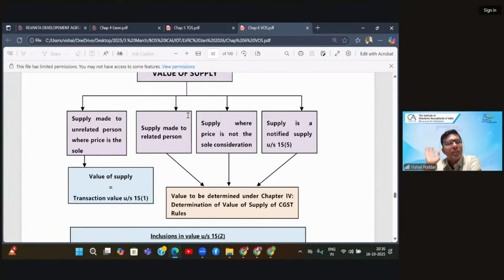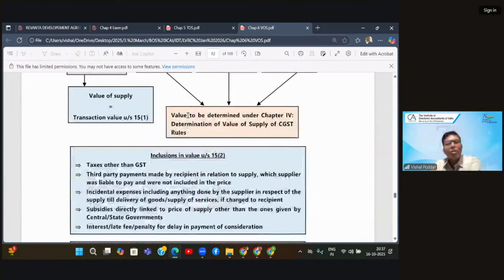If you are satisfying the conditions of 15.1, your value has to be the transaction value with some adjustments which are provided in subsection 2, subsection 3. If you do not satisfy the conditions of 15.1, then you go to 15.4, where 15.4 takes you to valuation rules. This is how the valuation mechanism works.